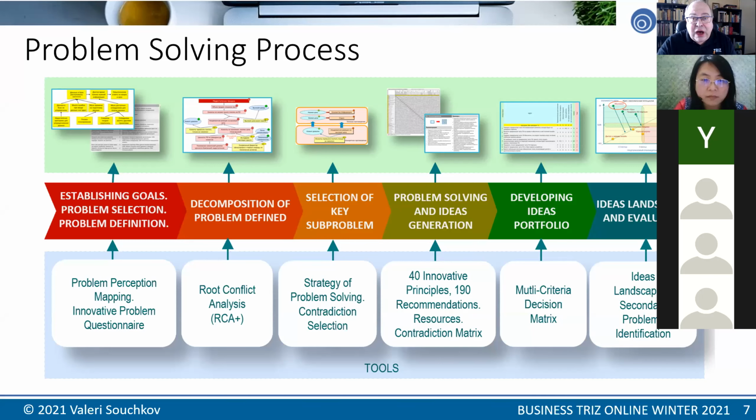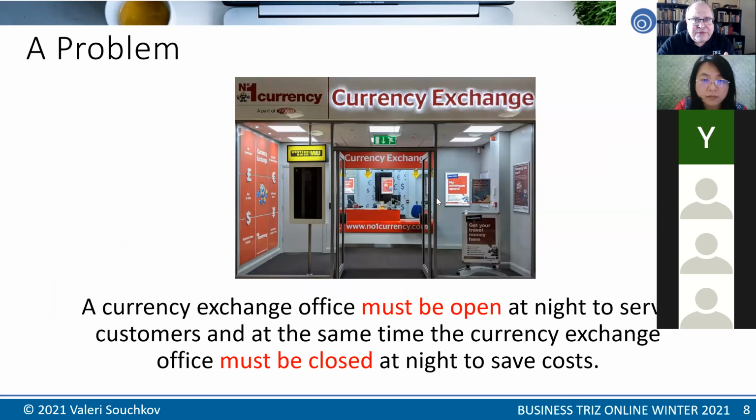So how do we solve problems? We first analyze, identify the contradiction or barrier which prevents you from solving the problem, and then you apply inventive principles. Of course, there are some other tools, but in the basic process we use inventive principles, obtain solutions, and then landscapes. But I won't show you the process, I'll just show you some examples.